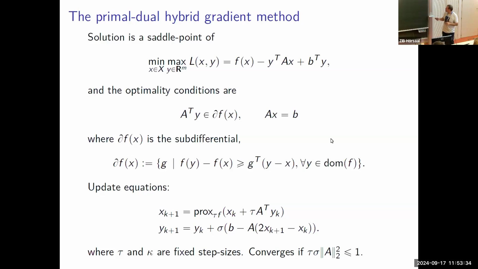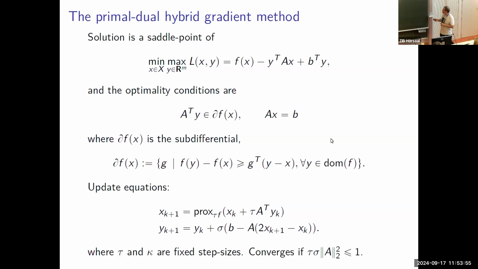By not too large, I mean that the product of the primal and dual step sizes times the squared largest singular value of A has to be less than 1.